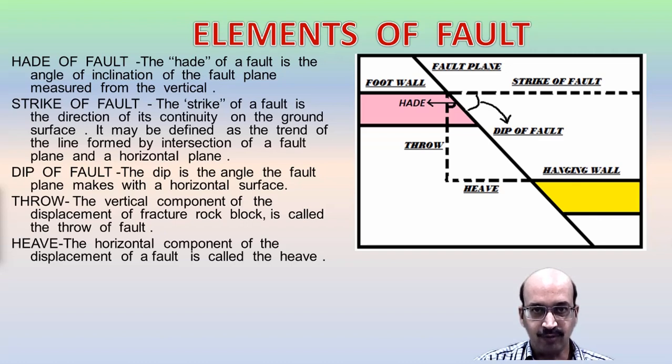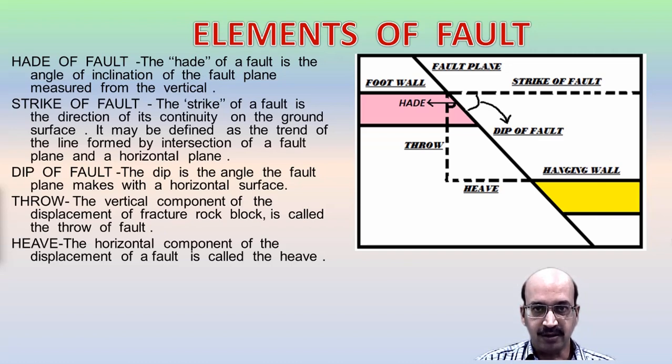The head of the fault is nothing but the angle made by the fault plane with the imaginary vertical plane, and the strike of the fault is the direction of its continuity on the ground surface, or the trend of the line which is formed by the intersection of the fault plane with a horizontal plane. This we will see in another diagram.